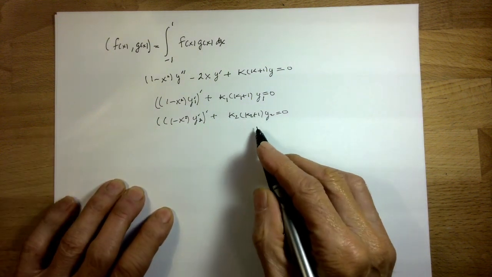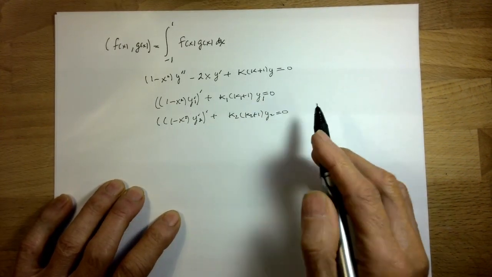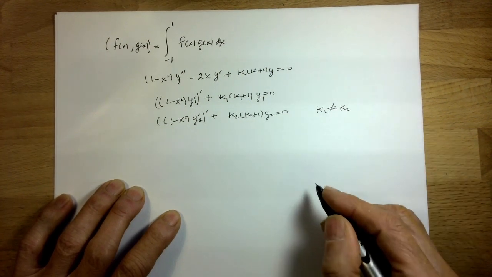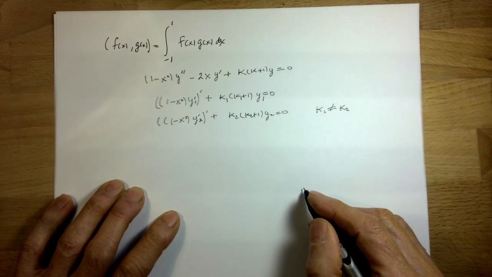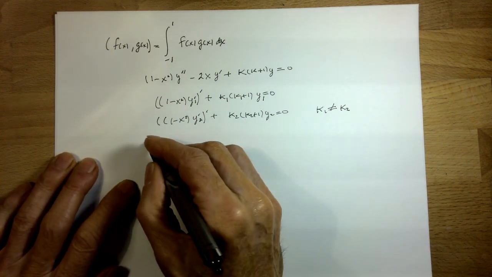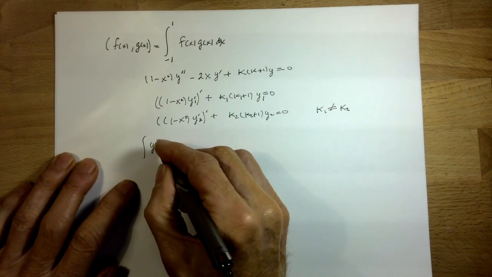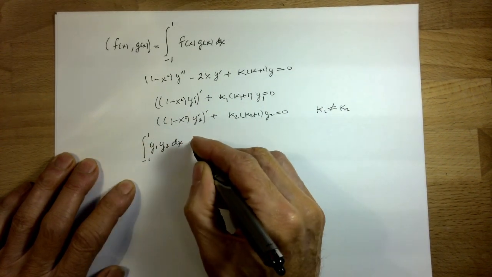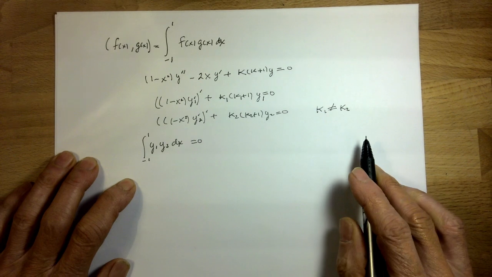Y2 goes with k2 and y1 goes with k1, and we're going to assume that k1 does not equal k2. That is, they are solutions of two different Legendre equations with two different k's, and what we want to prove is that the integral of y1 y2 dx from -1 to 1 is 0, as long as k1 does not equal k2.